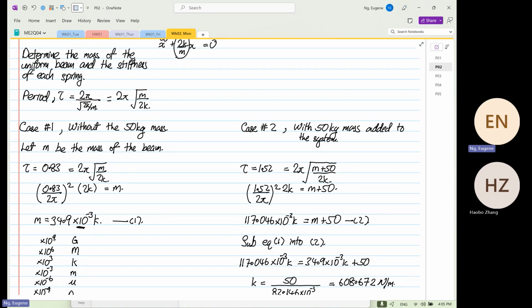You time it. Then you put a known mass on top and do the same thing. You use a stopwatch to measure the period. You can get both the stiffness of the spring and the mass of the beam. I think this is pretty interesting, or I just get happy so easily nowadays.